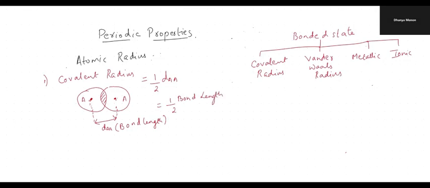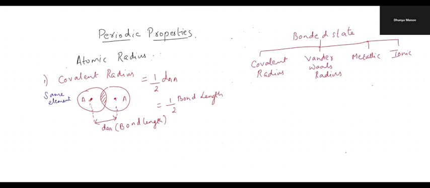This is the covalent radius for a molecule in which both the atoms are of the same element.